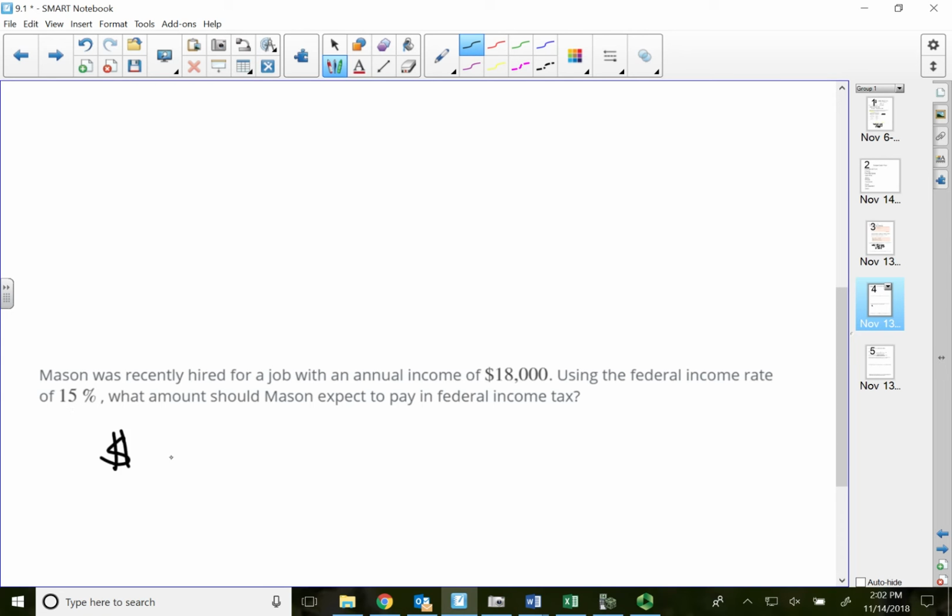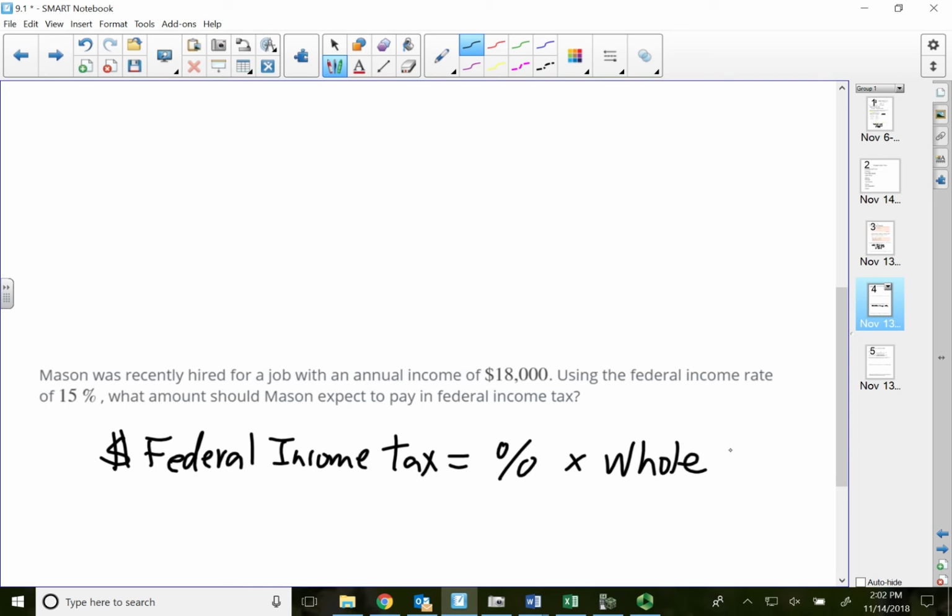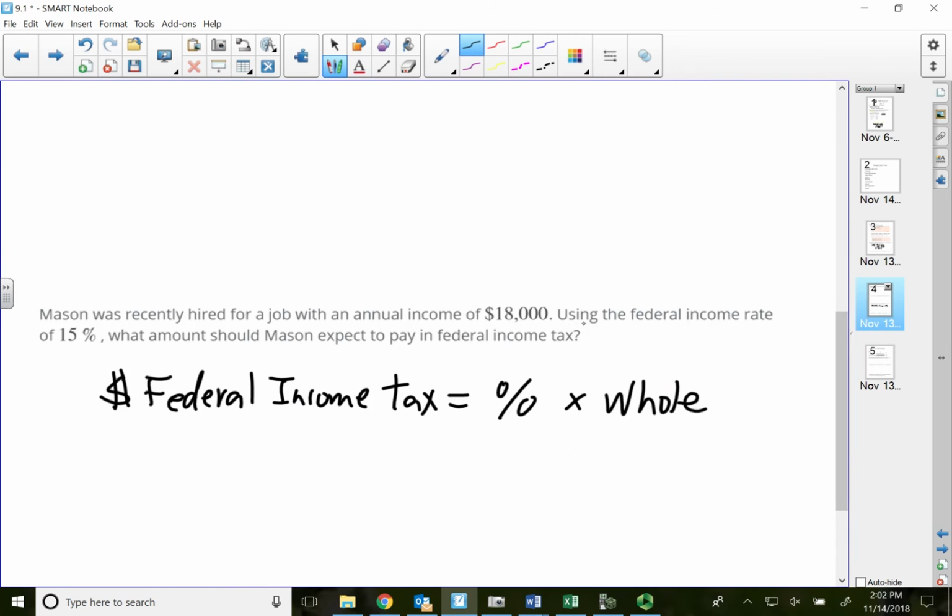So the amount of federal income tax has to be a part of what I make. So that would be the percent times the whole. Basically, the more money I make, the more income tax I will have to pay.